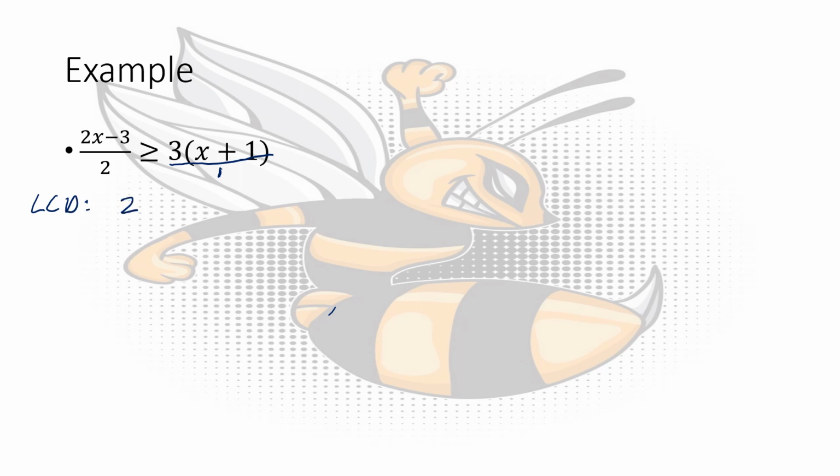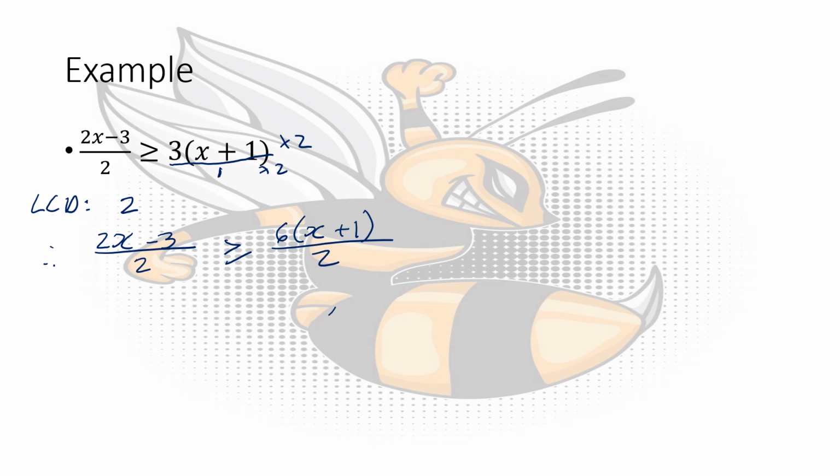So now we just make our denominators the same. So then we have 2x minus 3 over 2 is bigger than or equal to, well, 3 times, we multiply with 2 at the top and the bottom there, so it's going to be 6 bracket x plus 1 over 2. The 6 comes from the 3 times 2, which gives me the 6.